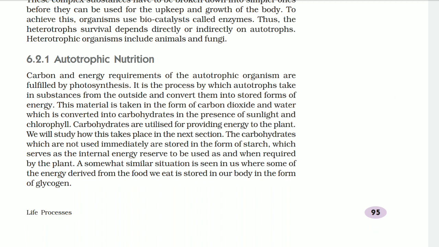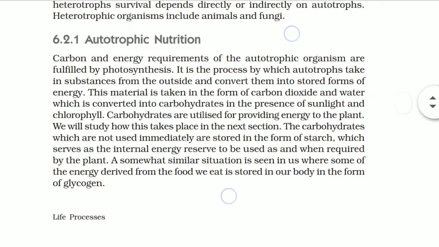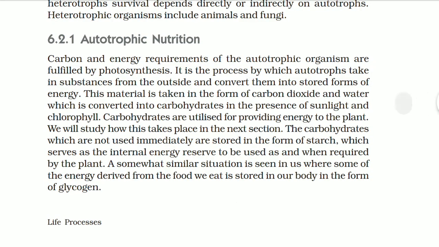Autotrophic nutrition. The carbon and energy requirements of the autotrophic organisms are fulfilled by photosynthesis. It is the process by which the autotroph takes in substances from the outside and converts them into the stored form of energy. So this material is taken in the form of carbon dioxide and water, which is converted into carbohydrates in the presence of sunlight and chlorophyll.